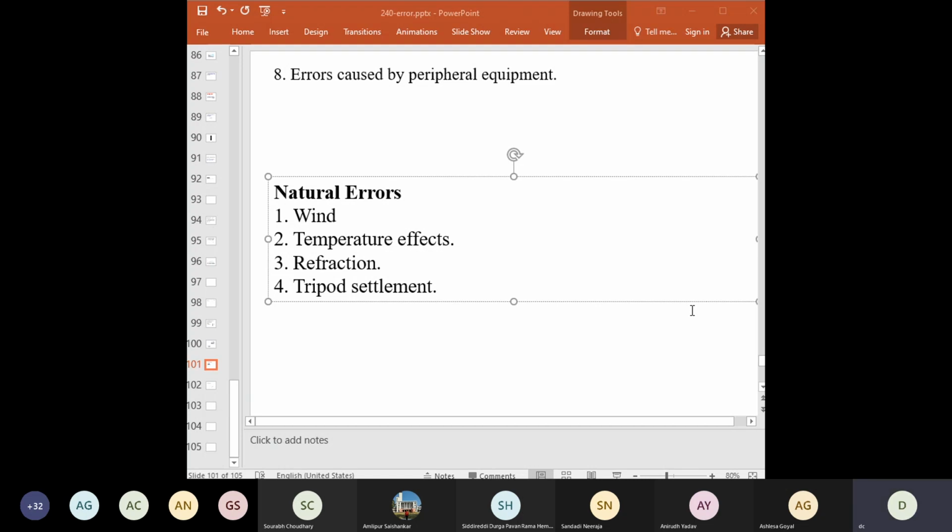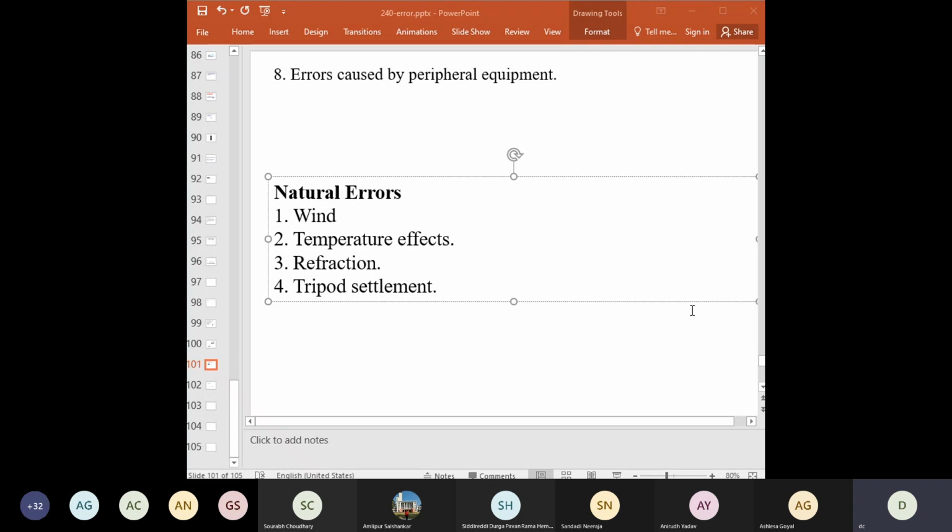And if you go to mountainous terrains, you might have a lot of winds. In high setups, even light winds can make the tripod oscillate or vibrate to some extent, so that precise pointing may become difficult.